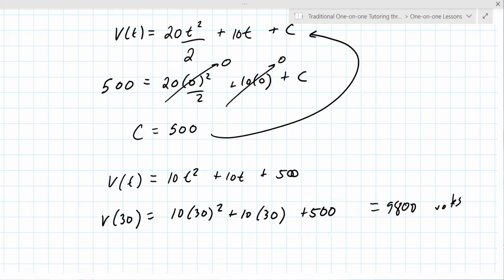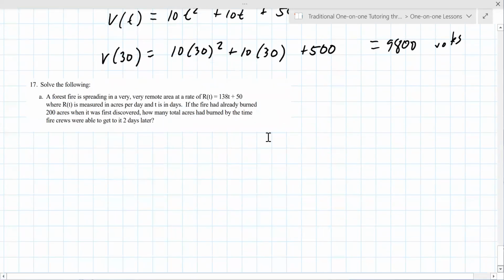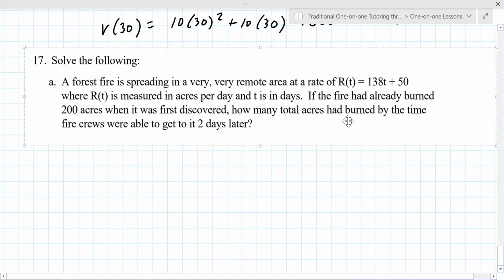All right. Let's look at 17. Seventeen has 2 parts to it. A forest fire spreading in a very, very remote area at a rate.